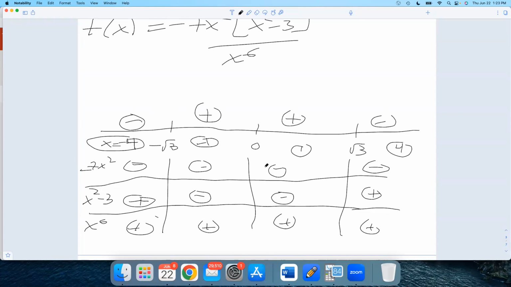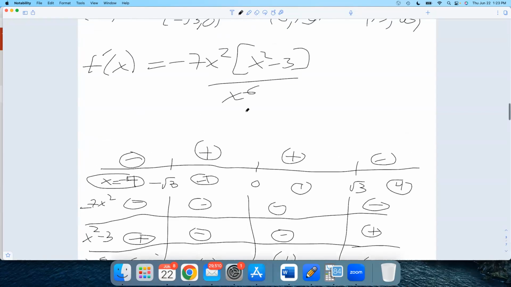Now, again, we didn't have to break this up into factors. I could have just plugged, say for this region right here, plug 1 into the whole thing. So I'm going to erase this, but I could have done f prime of 1 is negative 7 times 1 times 1 minus 3 over 1. That's negative 2 times negative 7. I get positive 14. It's positive.